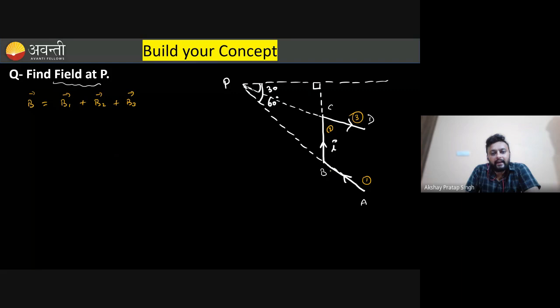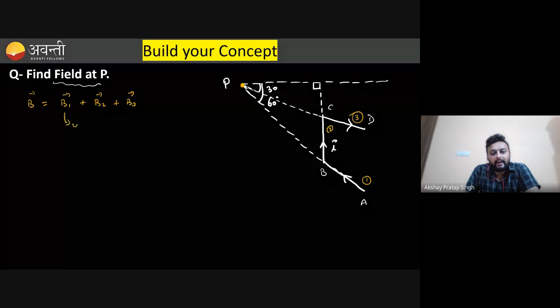Now, can anyone notice that part 1, if you consider this is the AB part, and this point P, can you see that it is collinear with part AB? According to the third special case, the magnetic field of part 1 is 0. Clear?